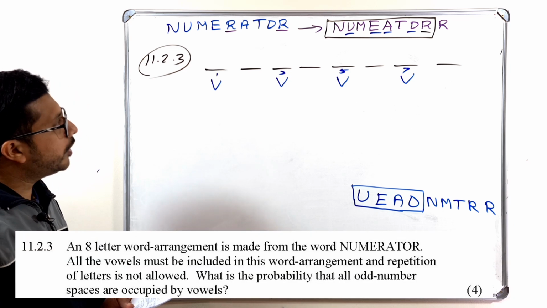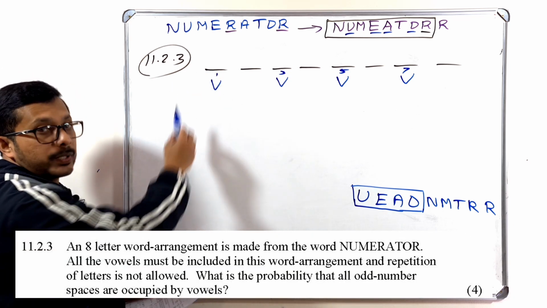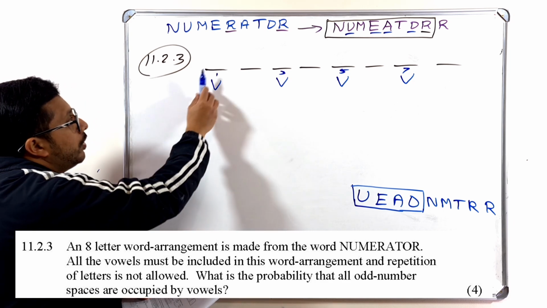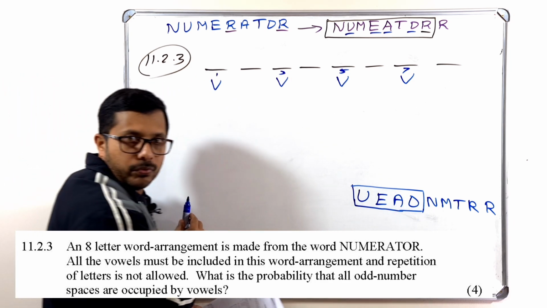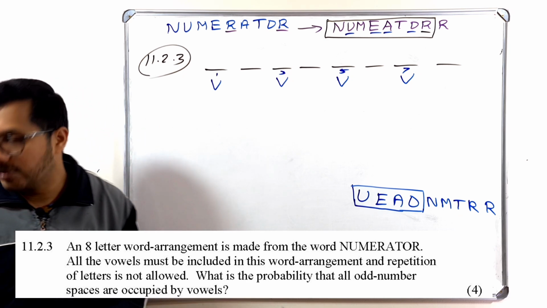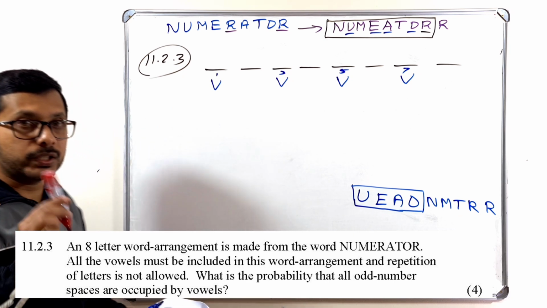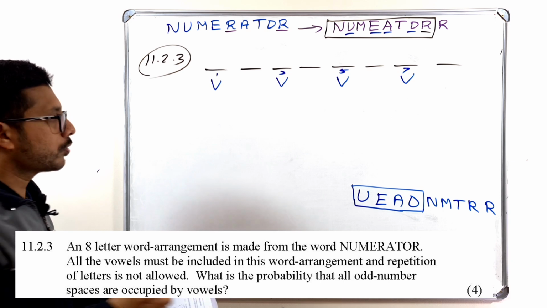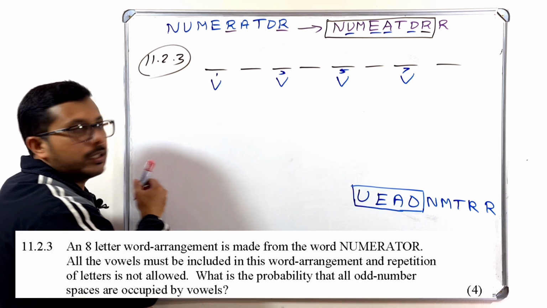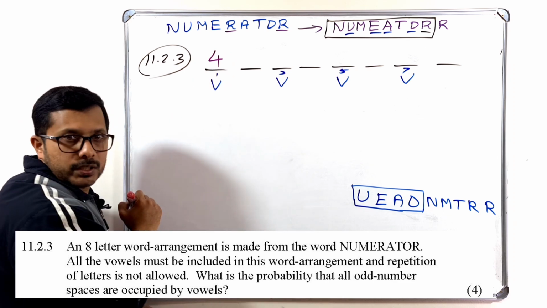Now tell me, repetition is not allowed, don't forget that. So how many vowels are there? 4. So for the first position to be filled, don't forget that the first position is a vowel, I have 4 options.